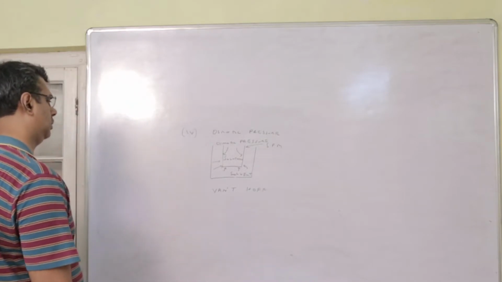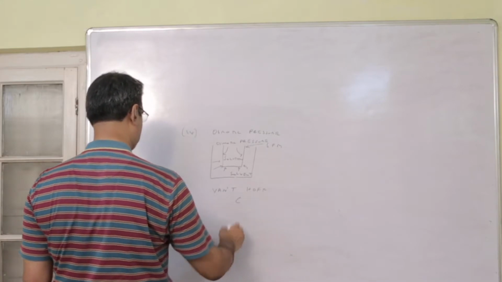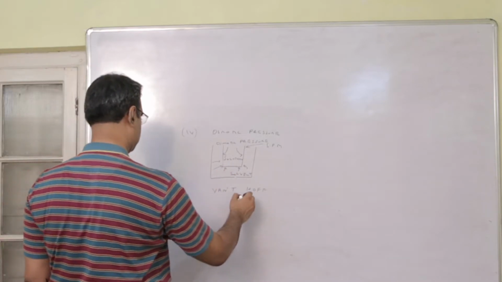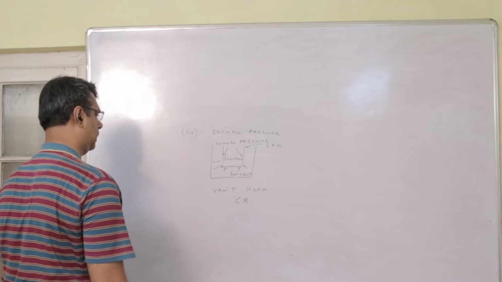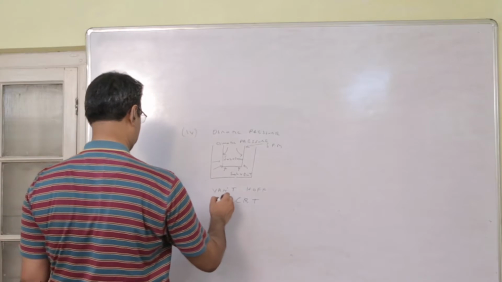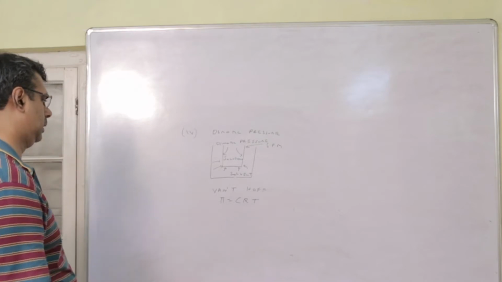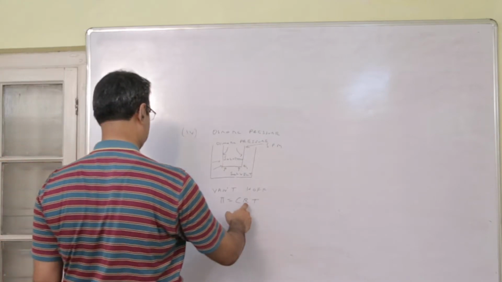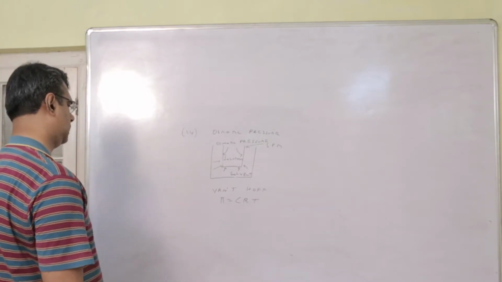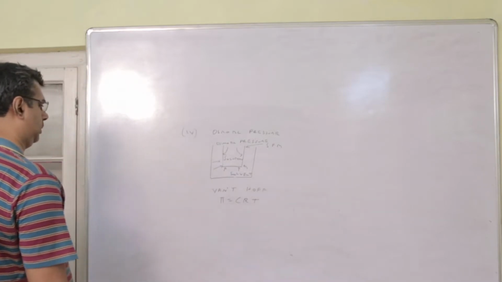Now, according to Van't Hoff, the osmotic pressure firstly depends on the concentration of the solution, secondly the gas constant R, and thirdly the Kelvin temperature T. The relation is osmotic pressure, the symbol is pi, is equal to concentration into R into T. So this is the topic known as osmotic pressure.